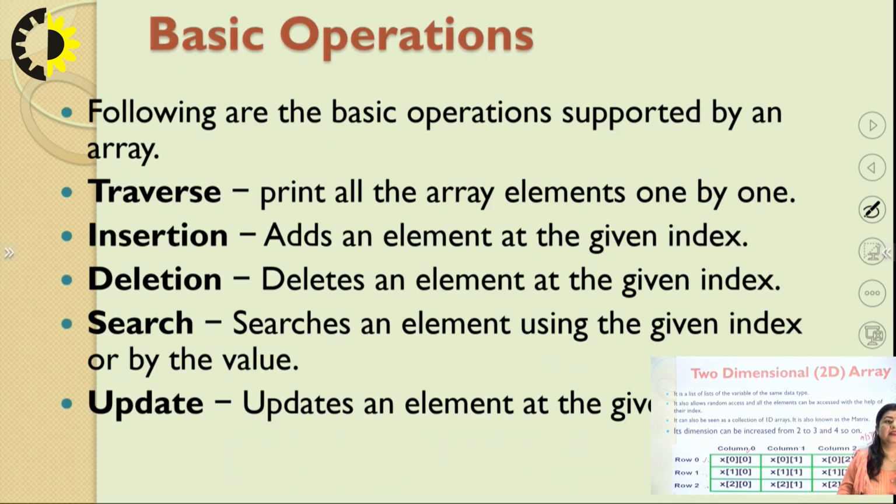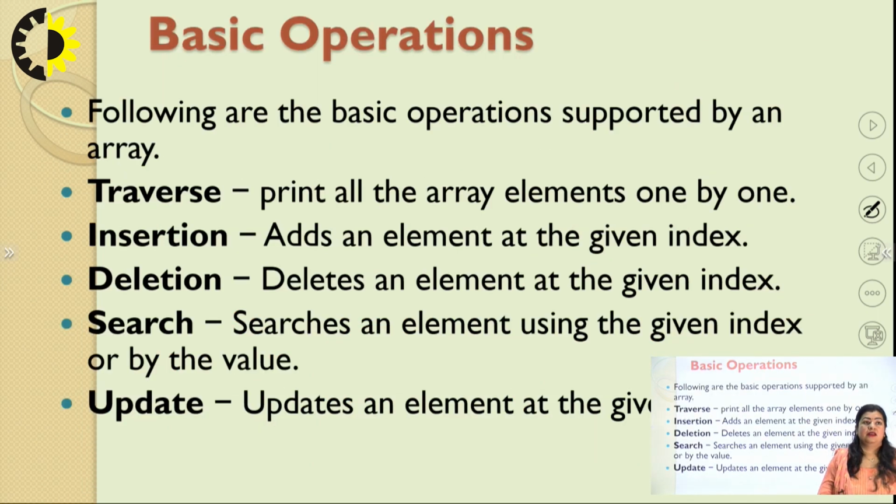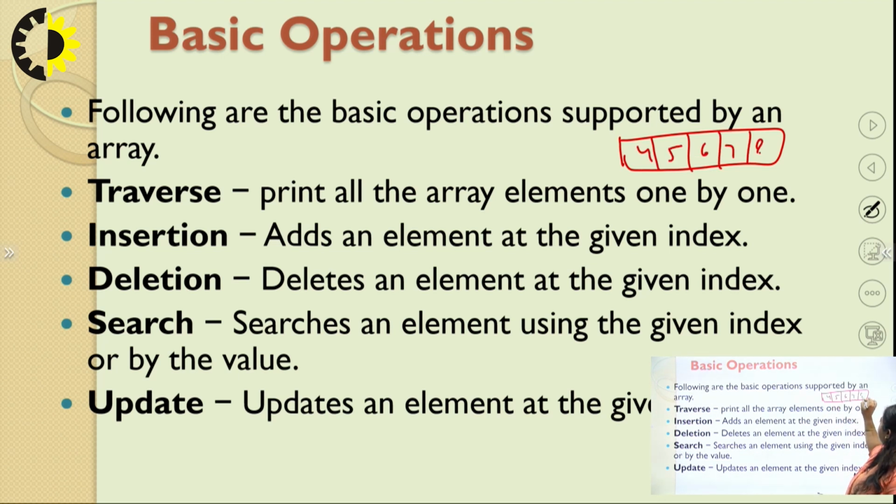Clear? Next point, basic operations of the array. The different basic operations of an array are as follows. First is traverse. What is the meaning of traverse? Traverse means printing the array elements one by one, visiting the different elements at different indexes.